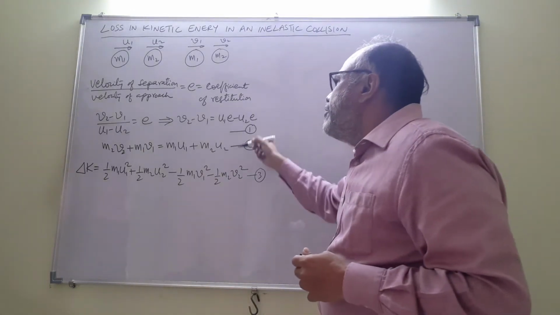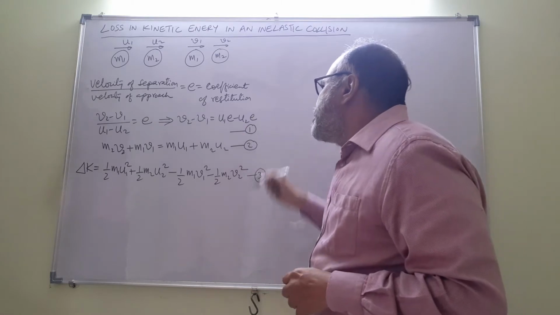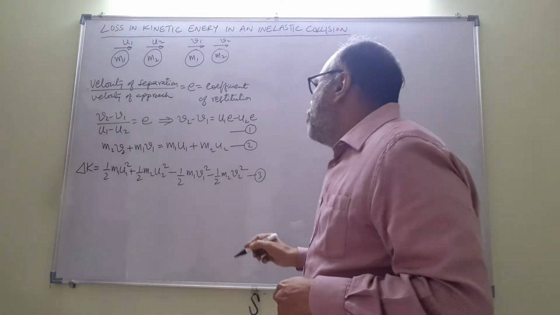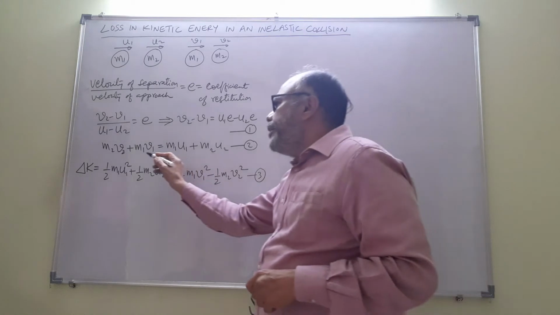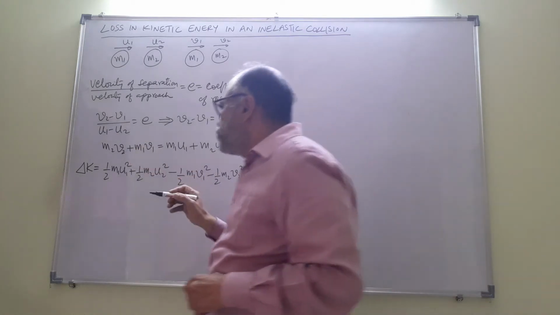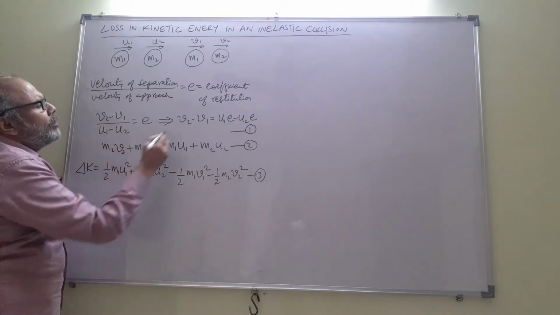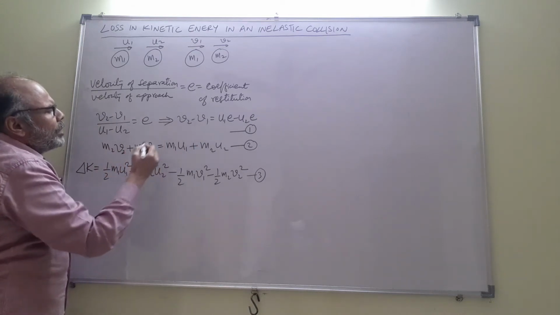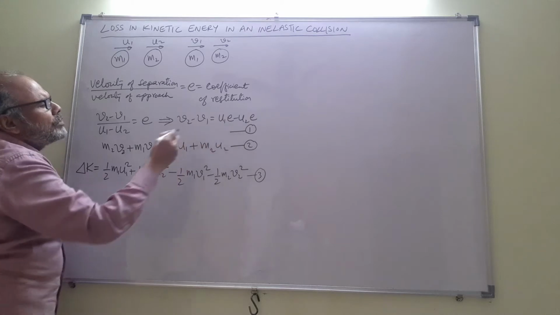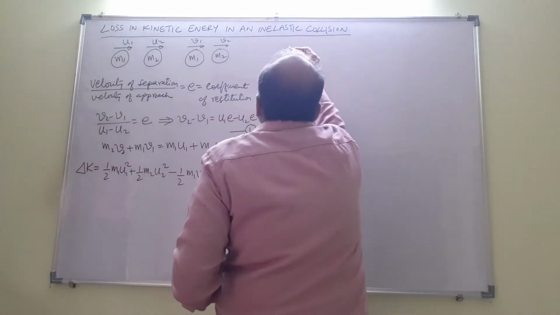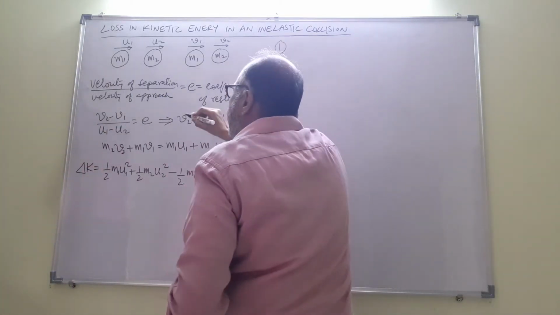So let us find V1 and V2 from this. What we shall first do is to find V2. To find V2, we have to eliminate V1. V1 can be eliminated by multiplying the first equation by M1.